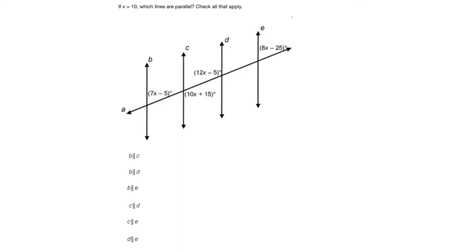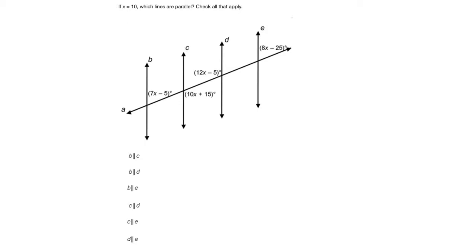All right. If X equals 10, which lines are parallel? Check all that apply. So first we've got to see what they all are. Now, if I look at this, it looks like we're just comparing everything, aren't we? So 8 times 10 would be 80. 80 minus 25 would give us 55.